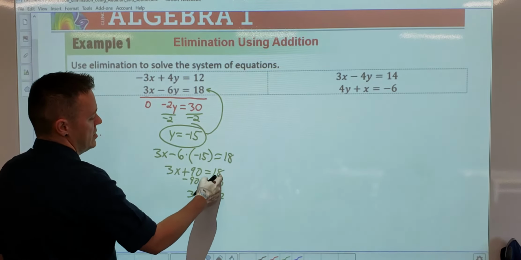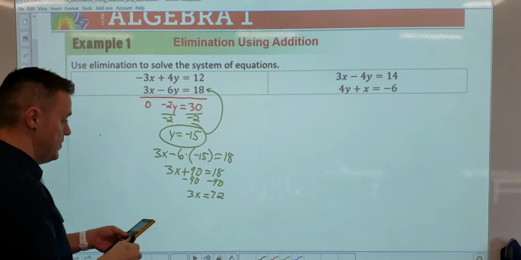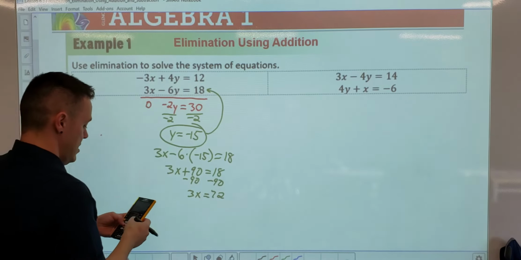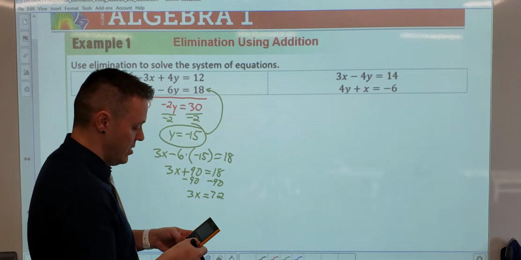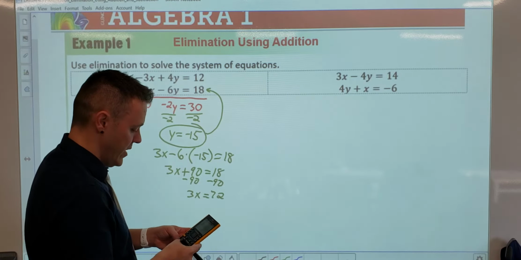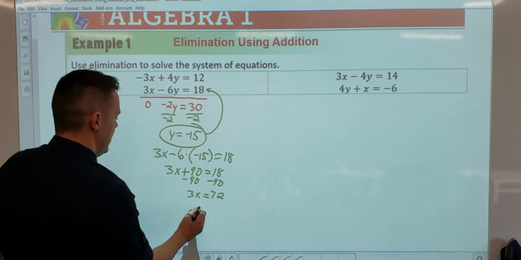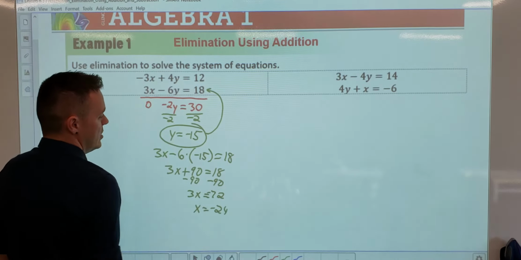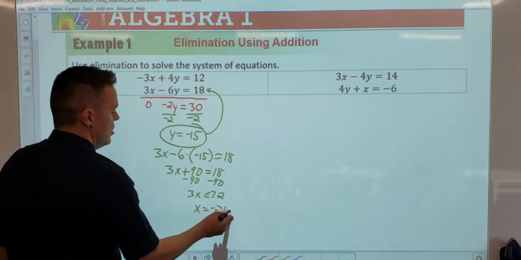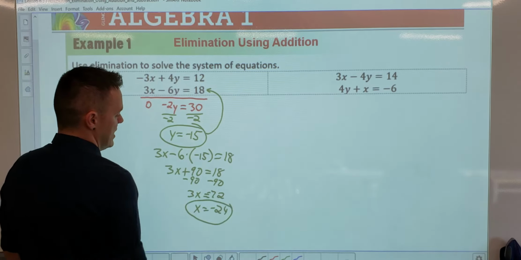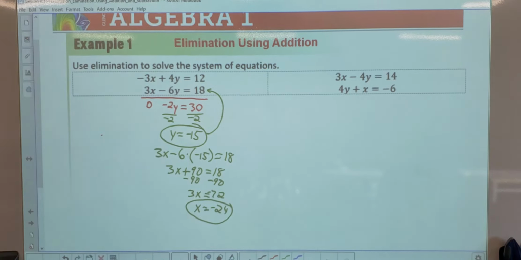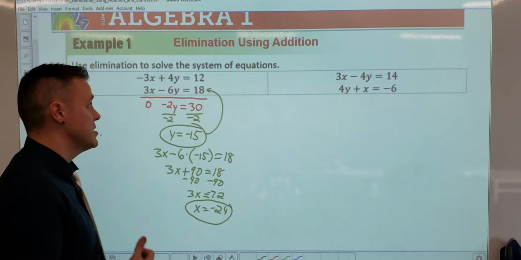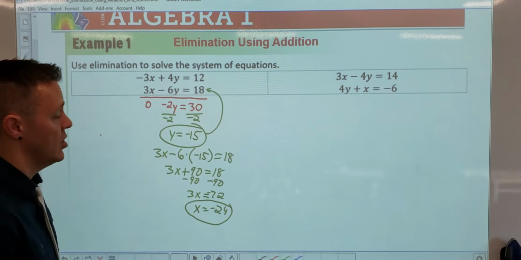Make sure I do my math right. 2, carry the 7, yep. Then if you divide by 3, let me have my calculator here, 72 divided by 3 comes out to x equals negative 24. So on this first example, you got y equals negative 15, x equals negative 24. Bam. Big numbers, but it's legit if you were to check it out.